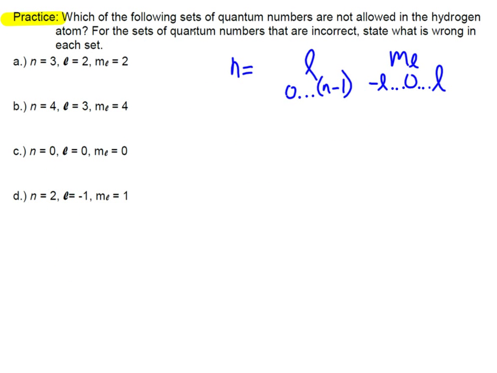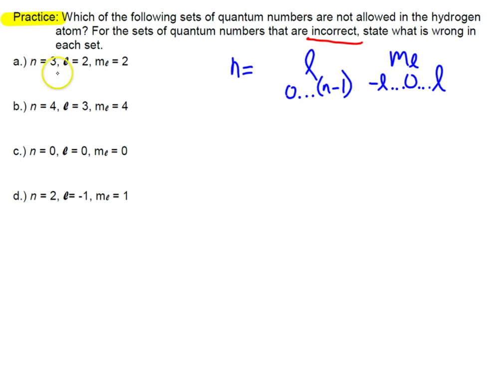Here's your next type of problem that you're going to encounter. This problem is asking you which of these sets of quantum numbers are incorrect and what is wrong about it. So firstly, what you're going to want to do is consider the set and what possibilities would be correct.